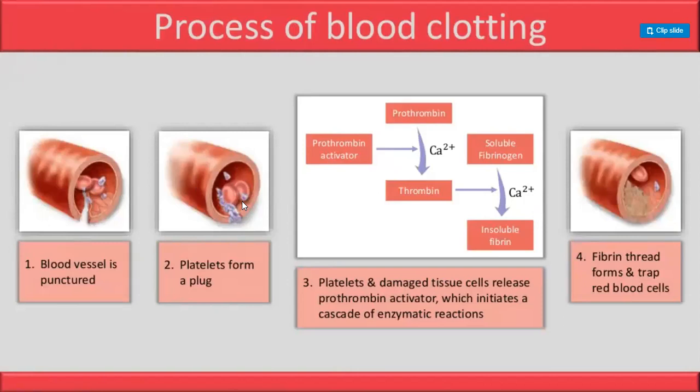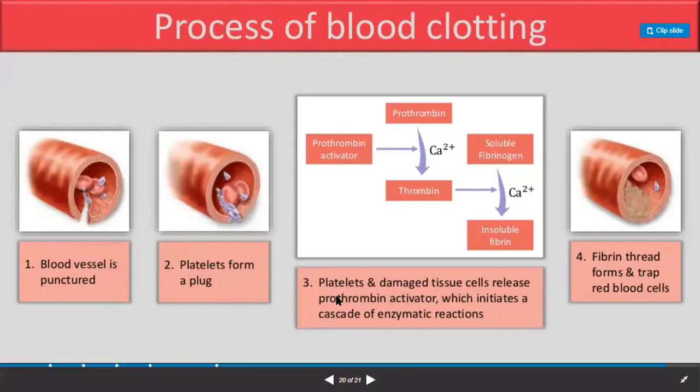Now, these platelets have some proteins and enzymes that are called blood clotting factors. Later, we will look at the different types of blood clotting factors, about 12 to 14 of them we have, and the role of each of them in the blood clotting process.